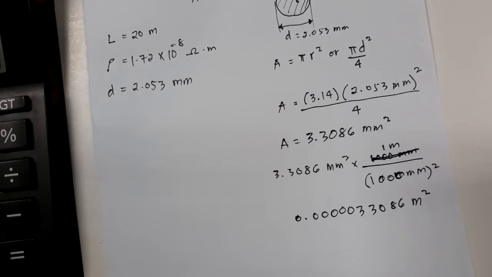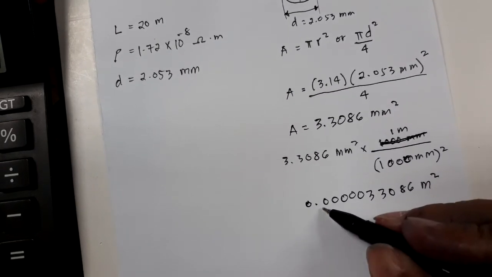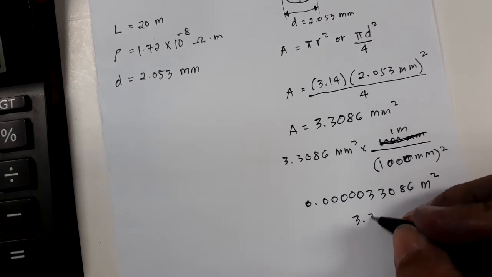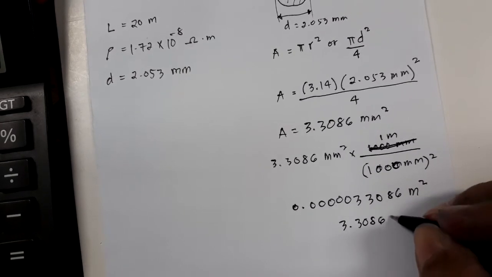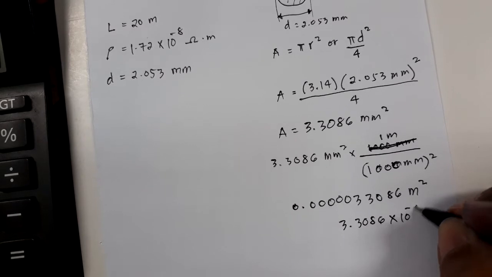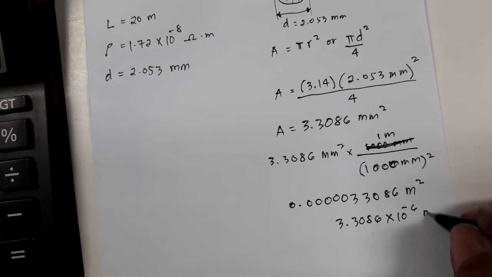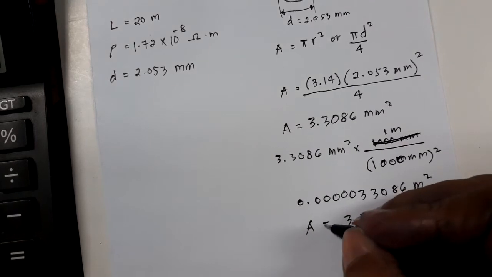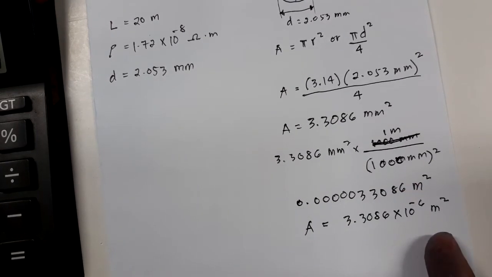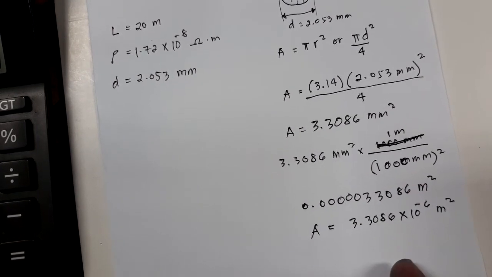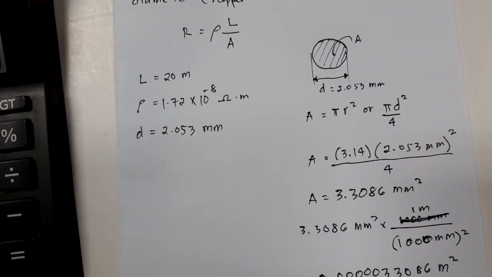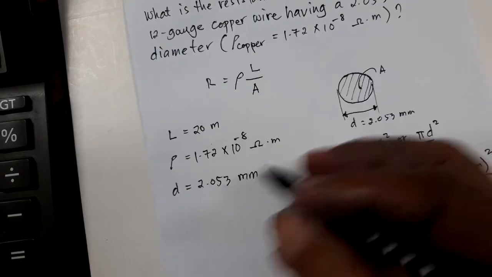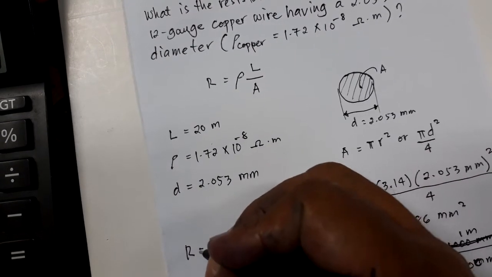Or we'll make this in exponential form: 1, 2, 3, 4, 5, 6, so 3.3086 times 10 to the negative 6 meter squared. So this is the area in terms of meters. Now let us substitute this area into the formula.